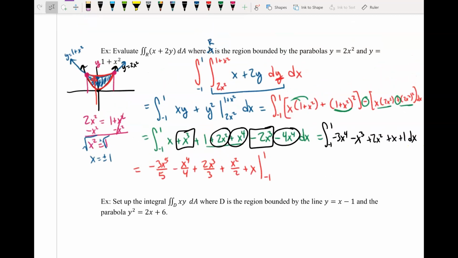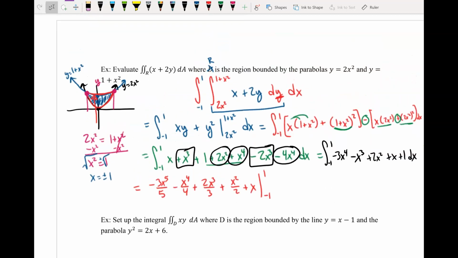If you have an even function and you're going from -1 to 1, with a power function that has an even power, that's just going to be double. So you can just do 0 to 1 of whatever that function may be.